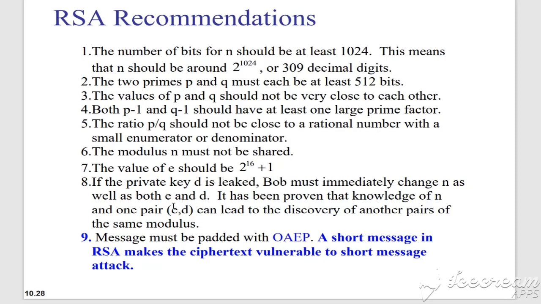So whenever d is disclosed, all the values should be changed immediately so that further messages are not decrypted. And the last is that the message must be padded with some extra bits or random values to avoid short message decryption.